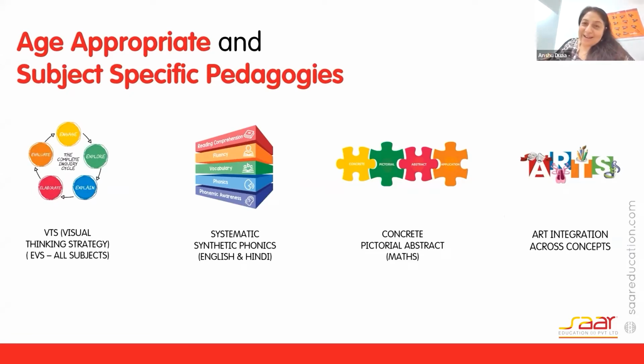And of course, art is integrated across different concepts and deals with its own basis of colors, knowing shapes, knowing the value, knowing about different artists. So that we do in arts, but it has to be built on with the other subjects so that it can be an extension project for the other subjects.